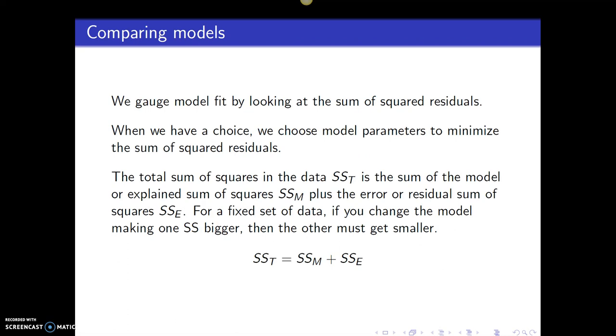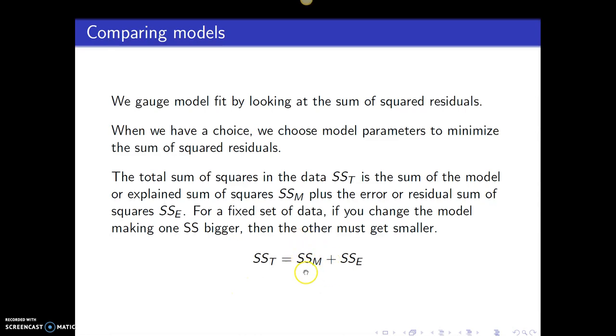We're going to gauge model fit by looking at sum of squared residuals. These are measures of variation. Hence, we use the analysis of variance to help us make decisions about our model. When we have the choice, we choose model parameters that minimize the sum of squared residuals. So let's take a look at this sum of squares equality here at the bottom of the slide. The total sum of squares is all of the variation in all of the response data.